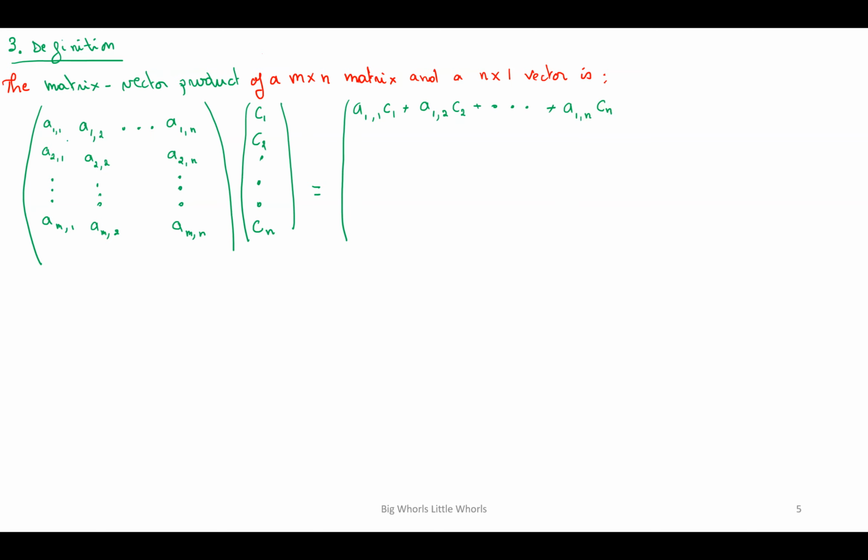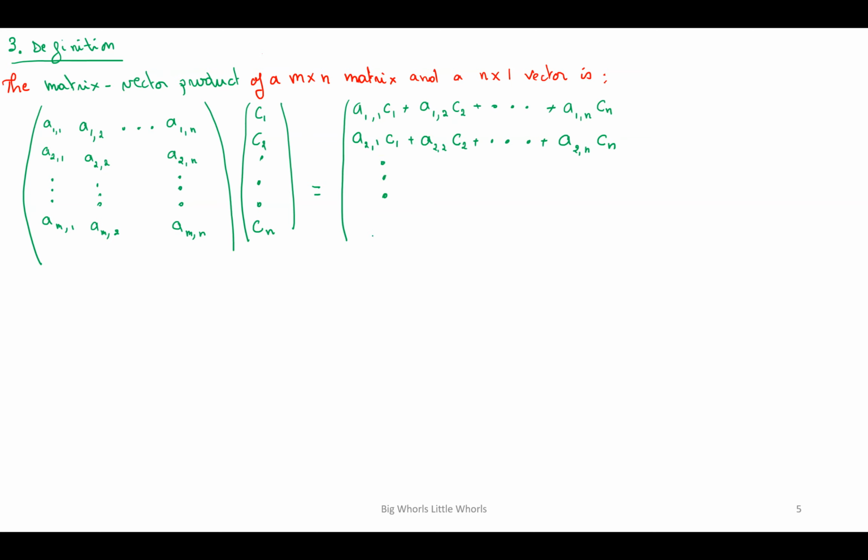We do the same for the second row. Okay, so A21 multiplied by C1 plus A22 multiplied by C2 plus A2n multiplied by Cn.